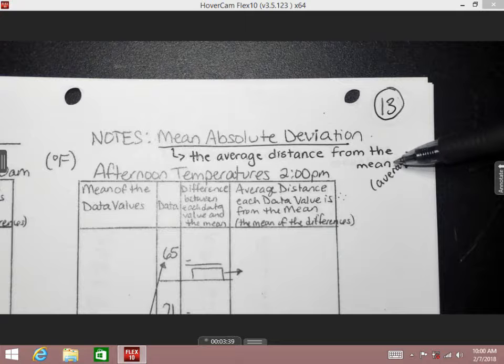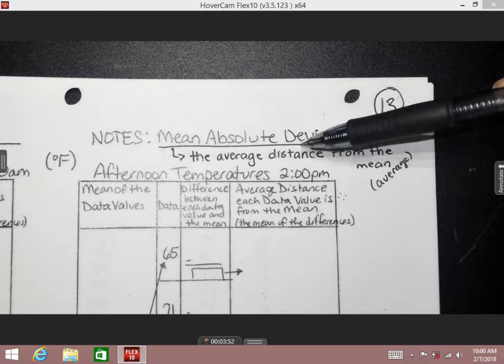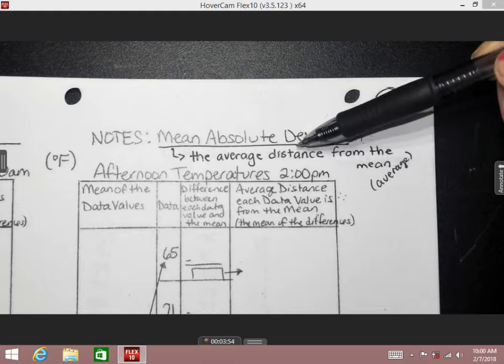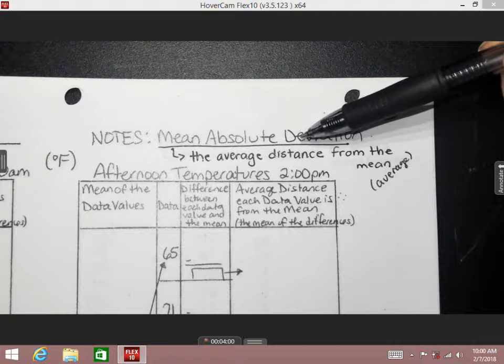Now, does that mean that you made a 90 on your test? No, because your test is the data that gave us the average of a 90. So what you hopefully did when you saw your score was you looked at your score and decided, how far am I from the class average? Am I higher than the class average? And if so, were you a lot higher? I'm sure y'all took that into account.